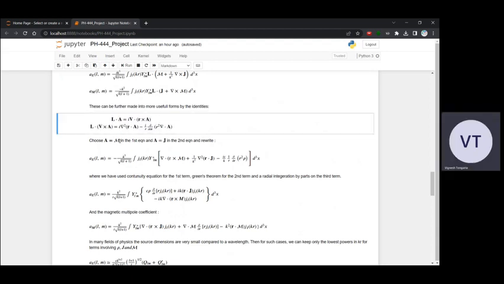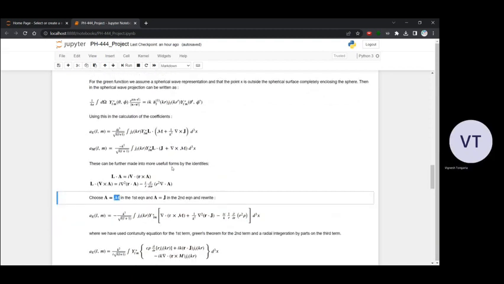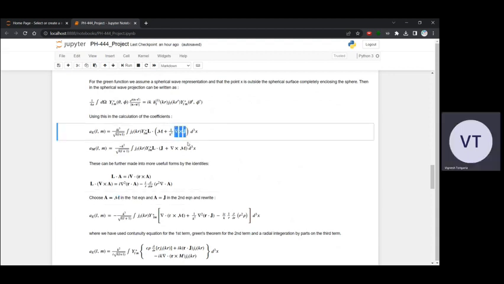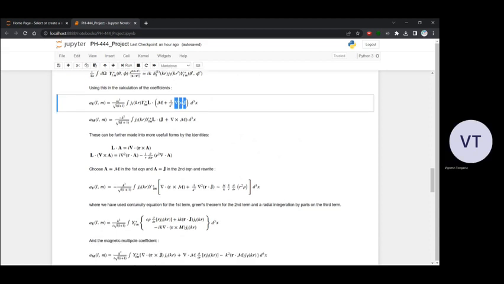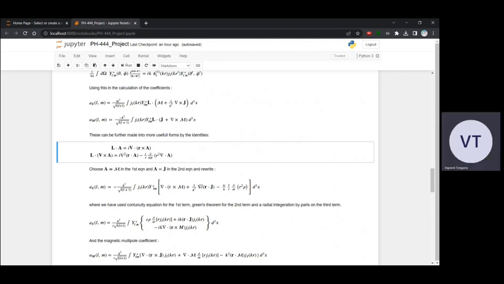And we see that if we replace A by M in this first equation, we can find this curl of J can be written as L dot A, where A is written as J.